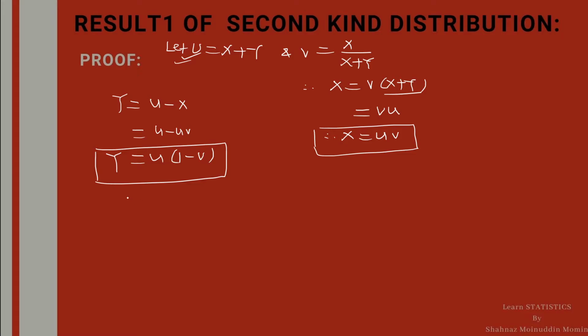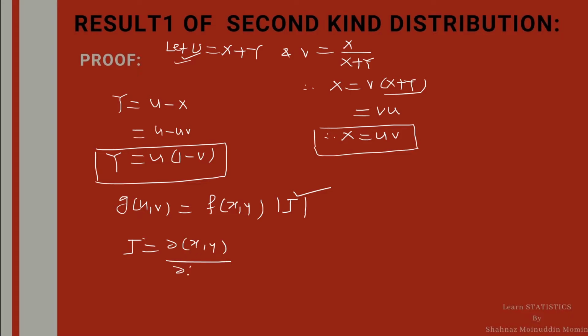and it is given by g(u,v) is equal to the joint PDF of x and y, f(x,y), multiplied by the absolute value of J, where J is the Jacobian of transformation of random variables. Here J is nothing but the partial of (x,y) upon the partial of (u,v). Students have already studied the Jacobian of transformation in the mathematics subject, so we are not going into the detail of Jacobian.